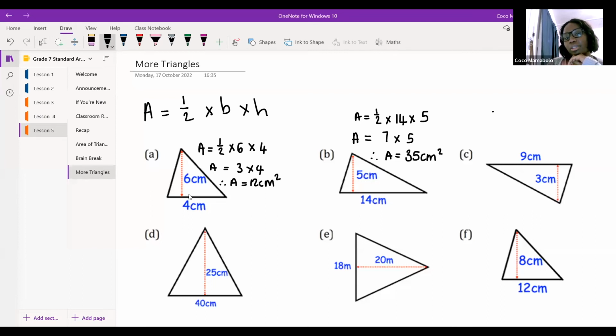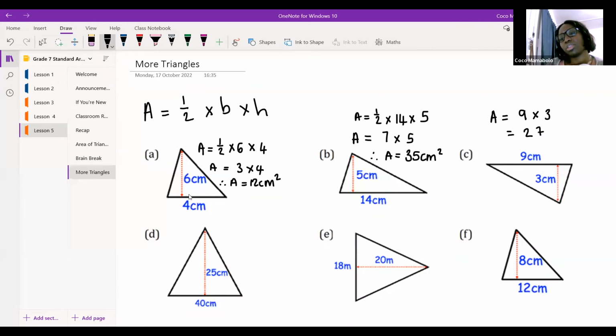Okay, so I said area equals length times height, which was 9 times 3. 9 times 3 is 27.